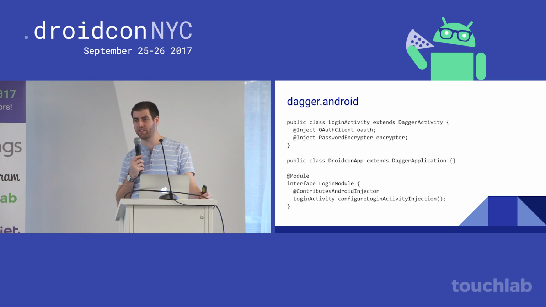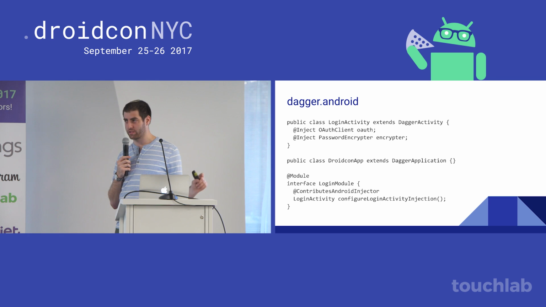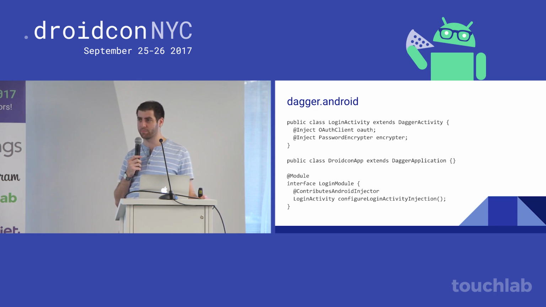The point being here is it separates what actually injects and inlines a static injection method, which we'll see in a second how you register the injector, but really takes a lot out of your activities, your fragments, and makes them a lot simpler. So here, instead of just calling in that injection code directly, we're going to extend these different activities. And if you have a complex app hierarchy, there are examples you can copy exactly what we're doing. It's pretty trivial.